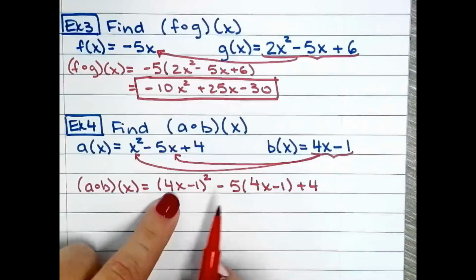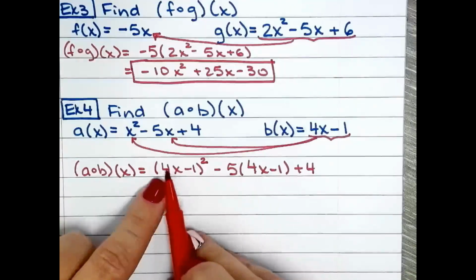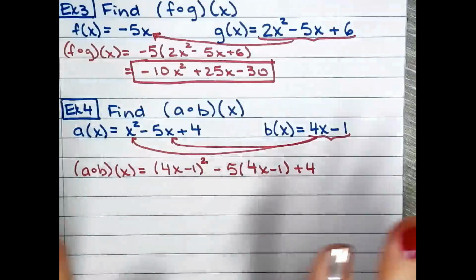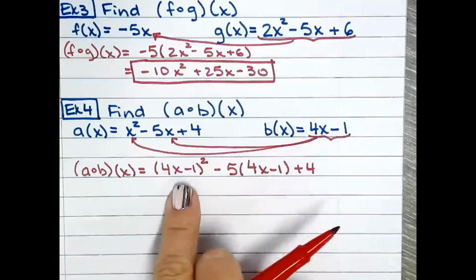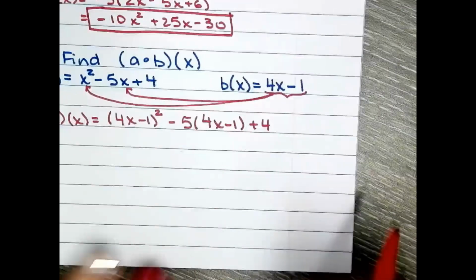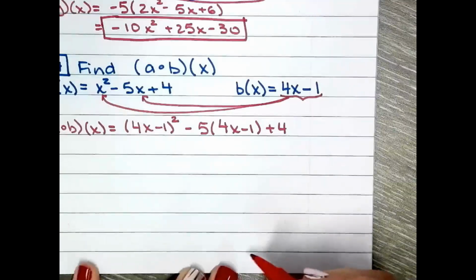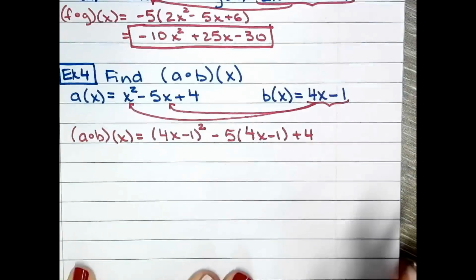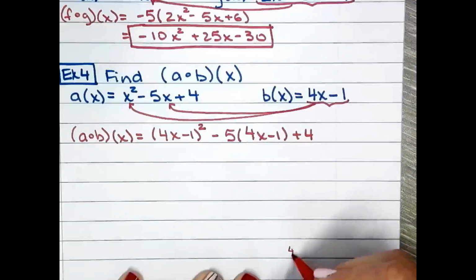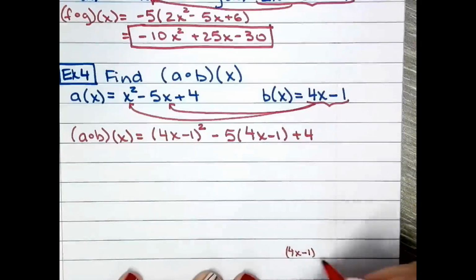Now this is not 16 squared minus 1. Stop, stop. What does that really mean? This means, I'm going to write it right here at the bottom, 4x minus 1 times 4x minus 1.